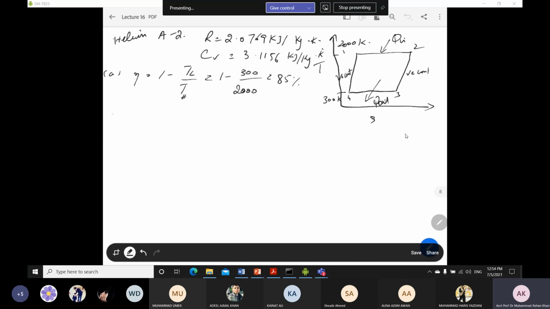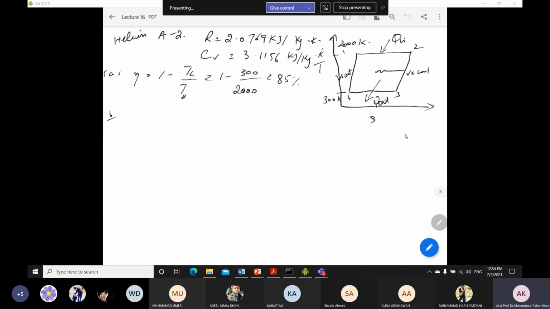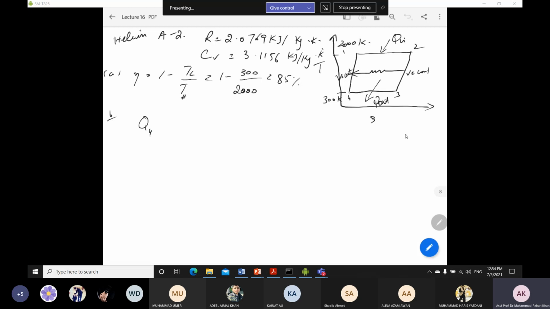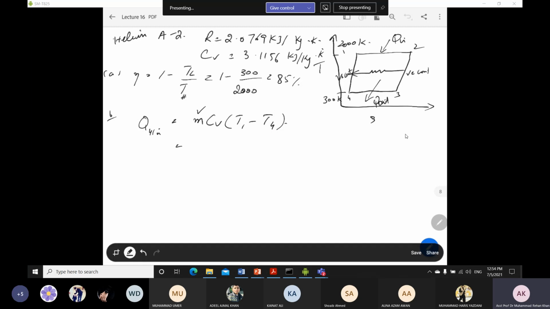So in part B, what we are interested in is the amount of heat transfer in the regenerator. We already know that the heat transfer in the regenerator goes from 2 to 3 towards 4 to 1. So we are interested in the Q between 4 to 1. As it is a constant volume process, we can say that Q41 in is equal to m Cv (T1 minus T4). The m value is given in your question, which is 0.12.